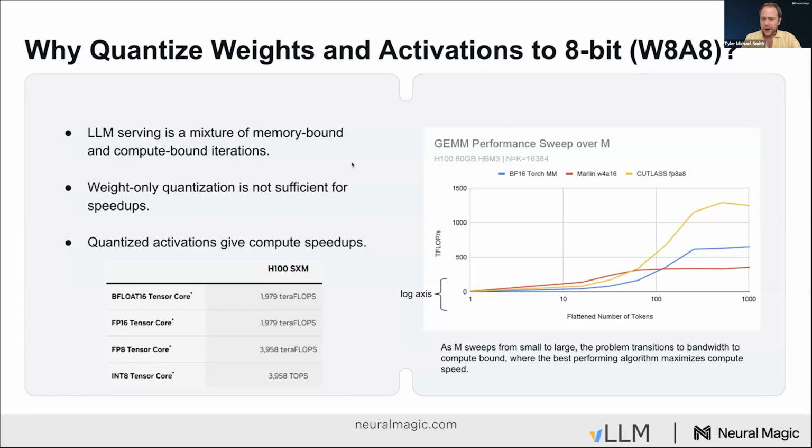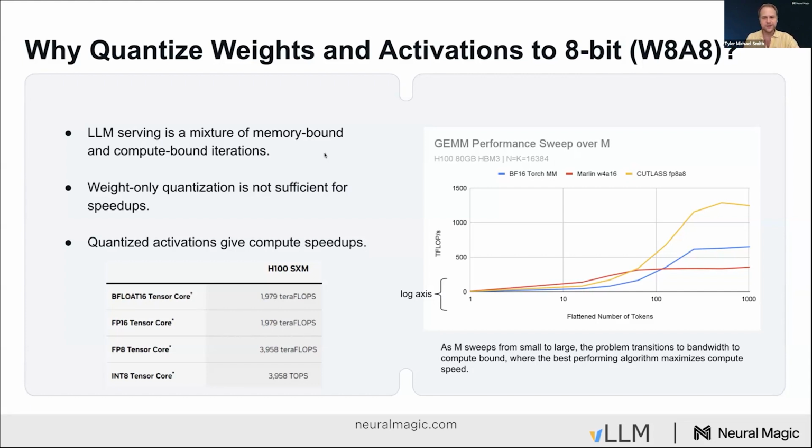So, for example, on the right, I plotted basically GEMM performance for a large weight matrix. So we're fixing one large matrix. It's N by K, where both are 16,384, which I picked arbitrarily. And then we're sweeping over M, the number of tokens, in powers of 2.